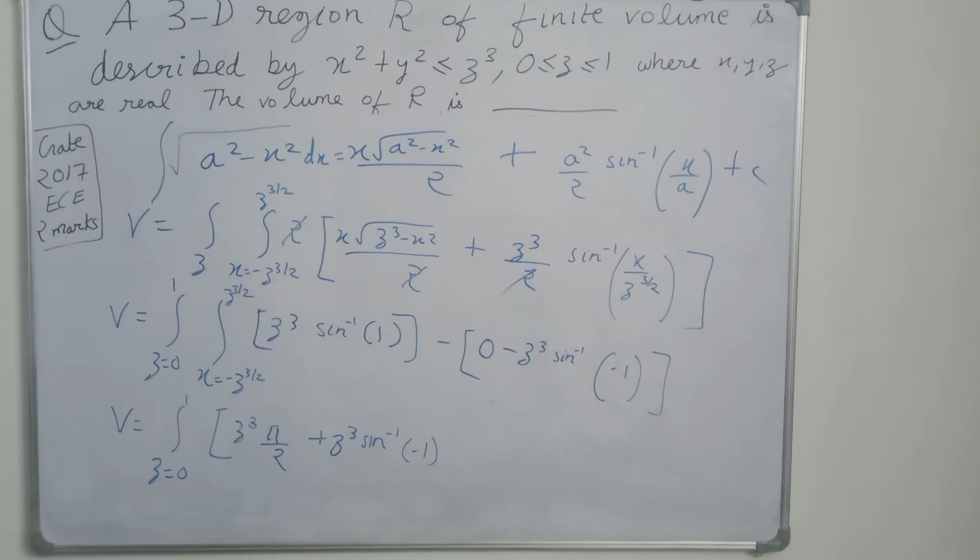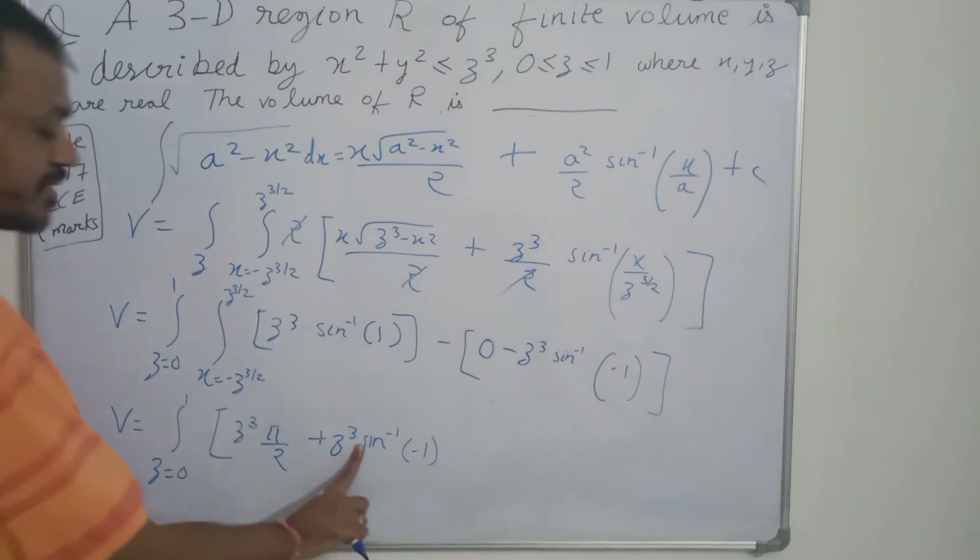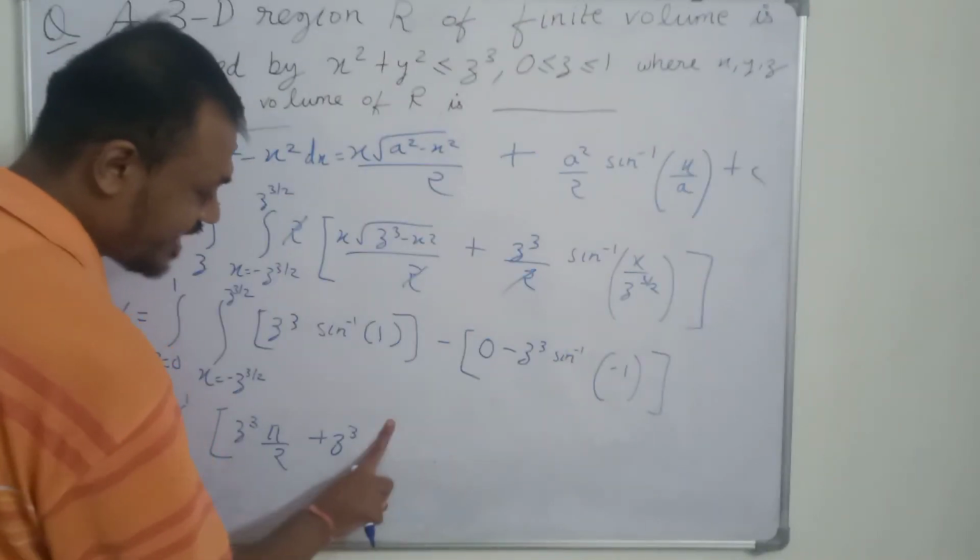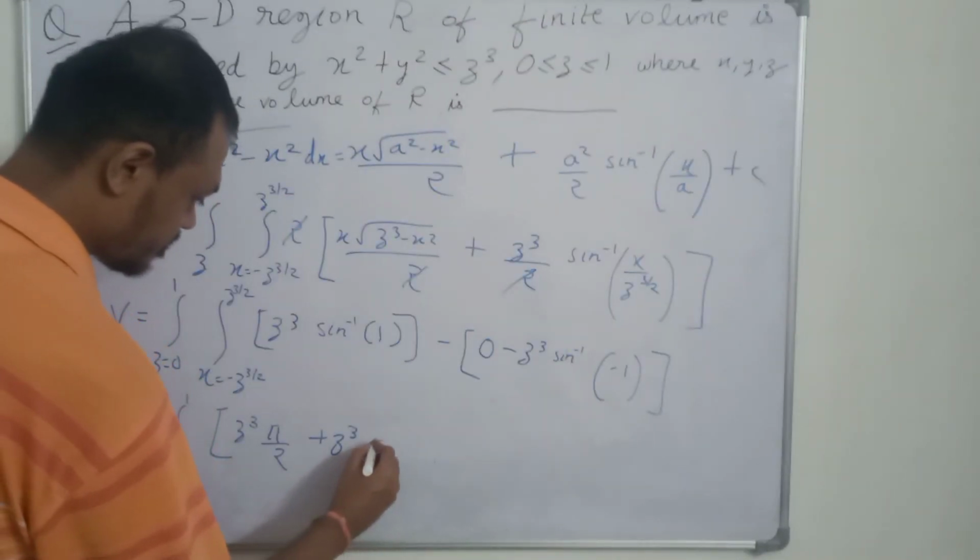So sine inverse of minus 1 is also pi by 2. So this will also be equal to z cube into pi by 2.